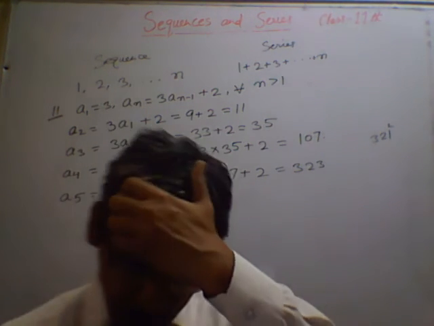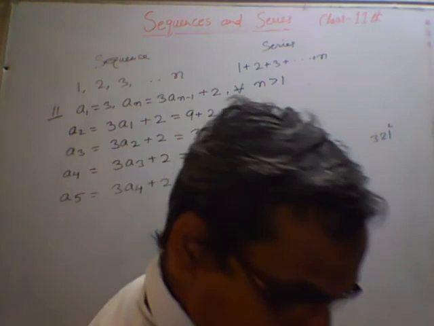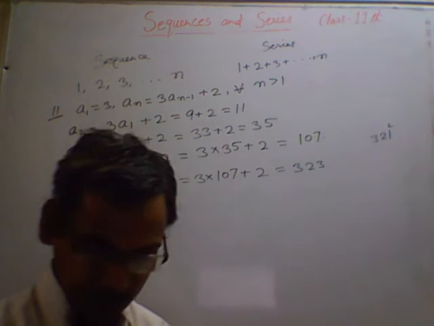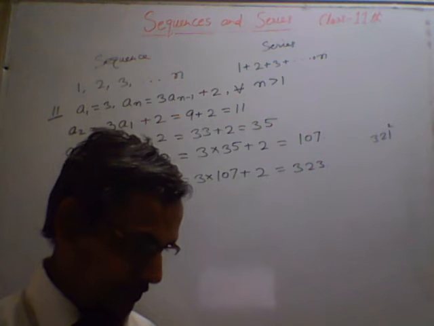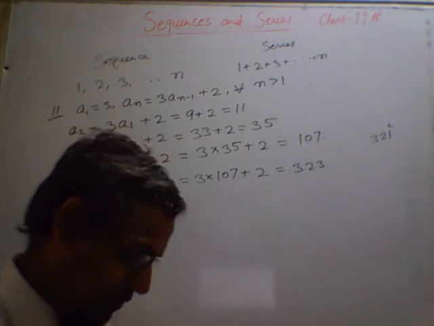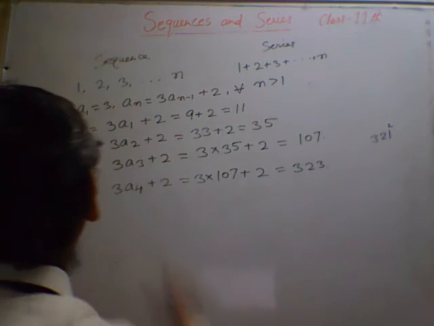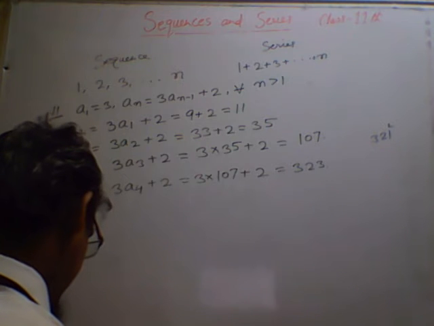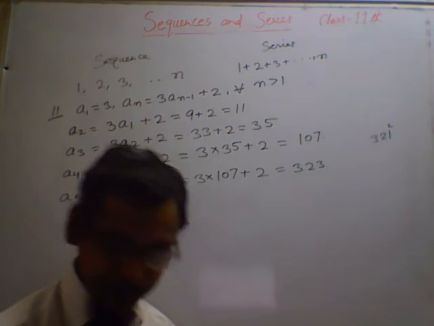Now we have got A1, A2, A3, A4, A5. I will match the answer also so that there is no confusion. Yes, it's 3, 11, 35, 107 and 323.